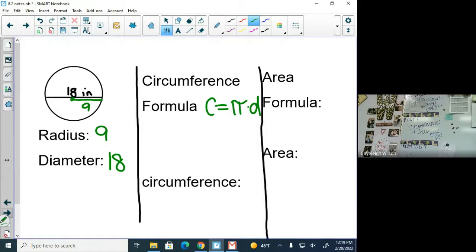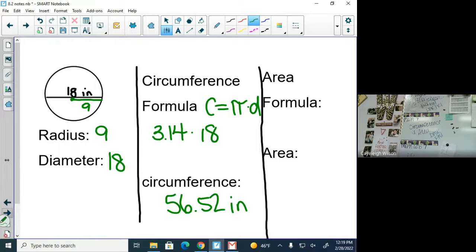So I'm going to do pi times diameter. So I'm going to do 3.14 times 18. And Eli, what did you say? 56.52, and that would be inches. And I don't put the squared on circumference because circumference is just a measure around it.